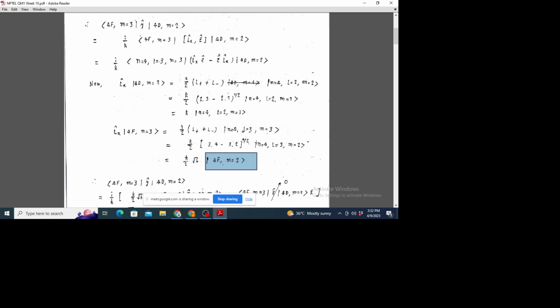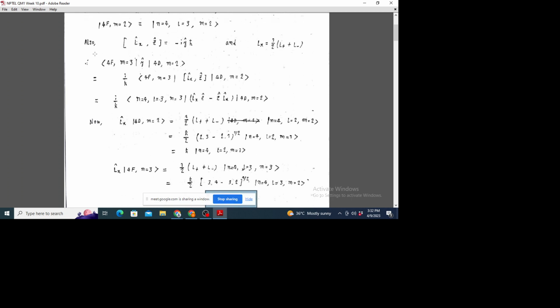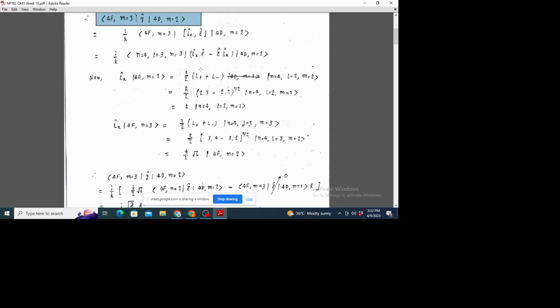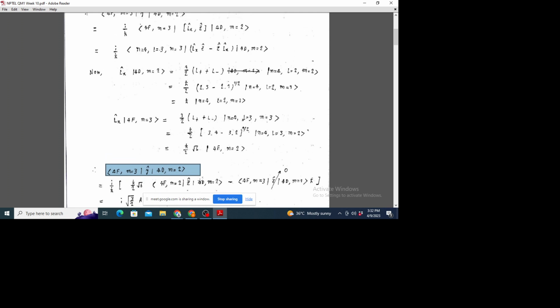Now we have found all the basic ingredients that is needed to actually calculate this quantity. So let us write that. This was equal to our commutator, matrix element of the commutator, this, and that was equal to this, nothing but I have just expanded the commutator.